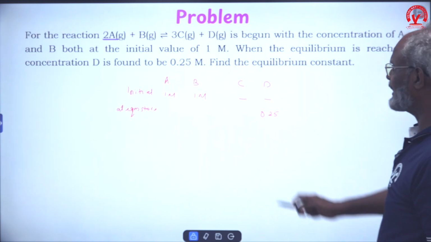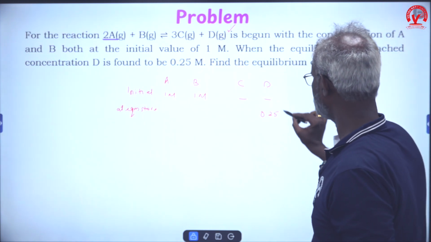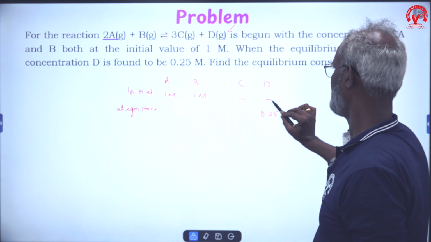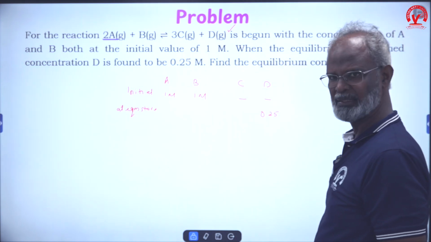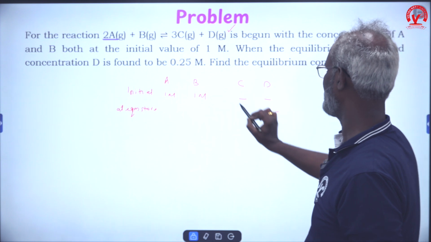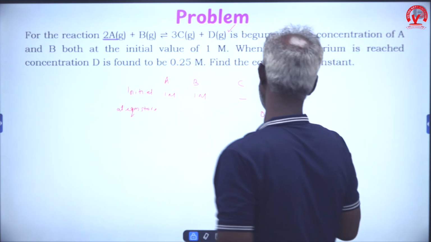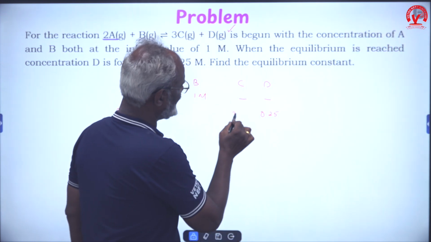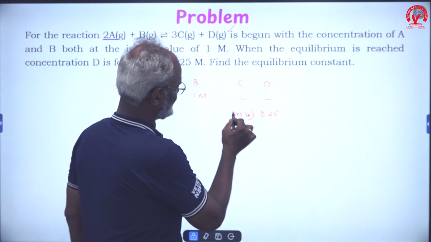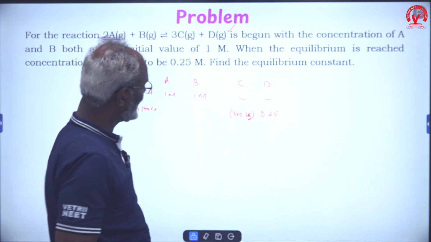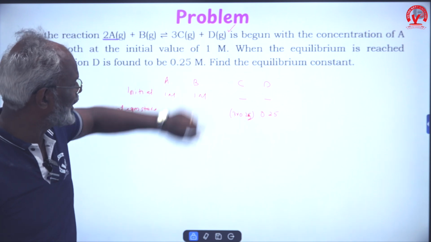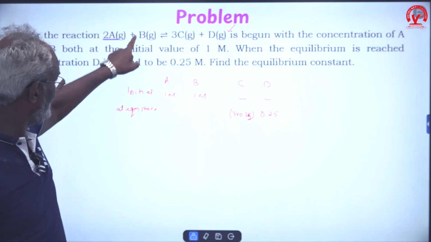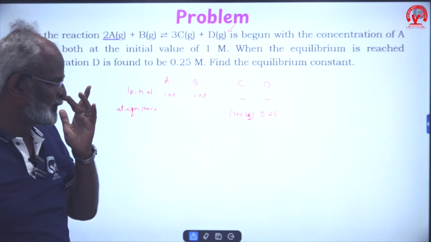Now look at this equation. At equilibrium, if D is 0.25, C will be 3 times D. Therefore, C will be 3 into 0.25. Now look at B. If 1 B reacts, then 1 D will be formed.